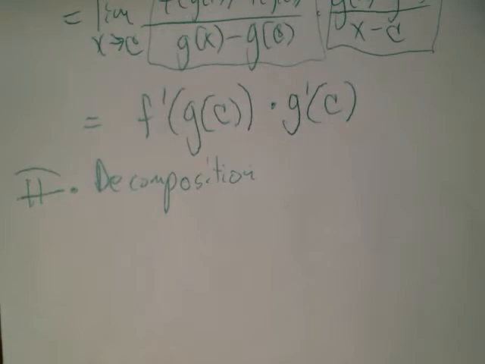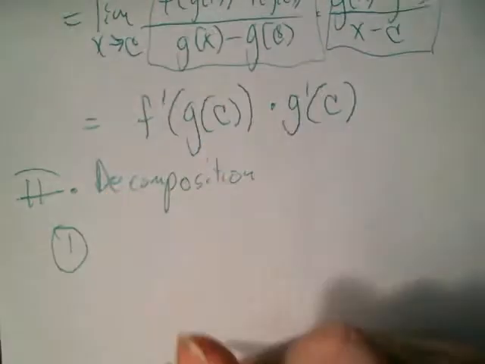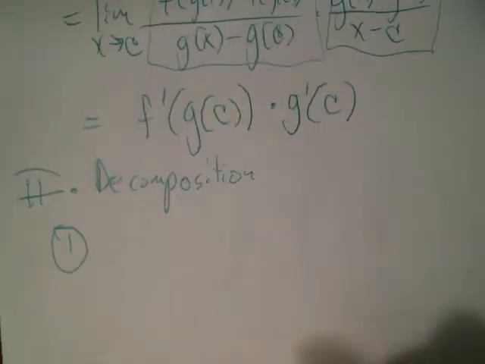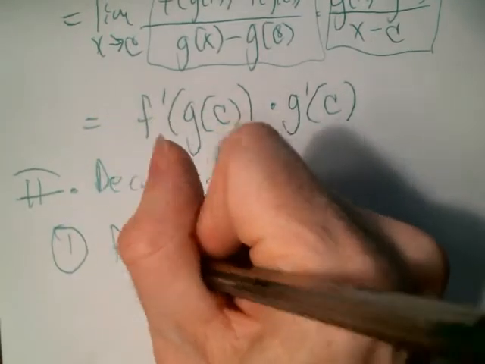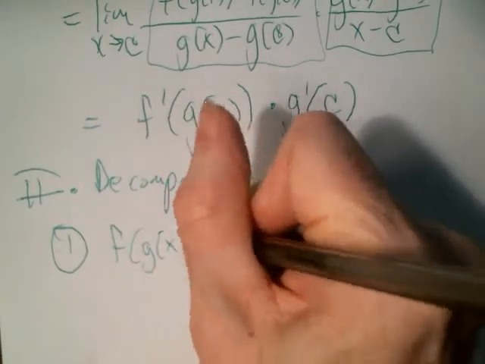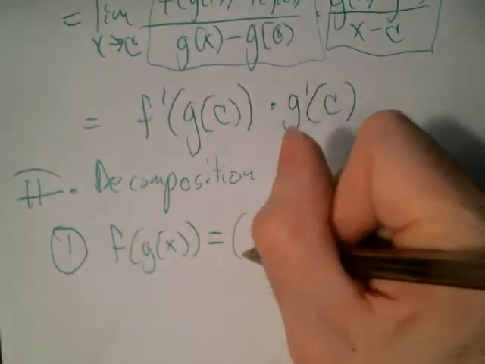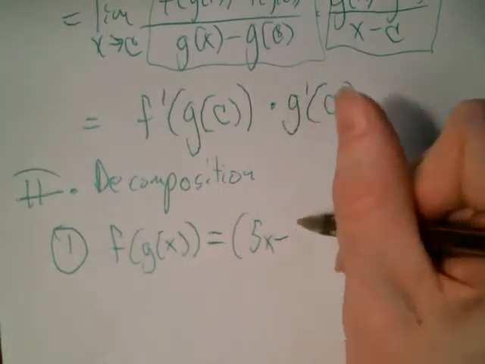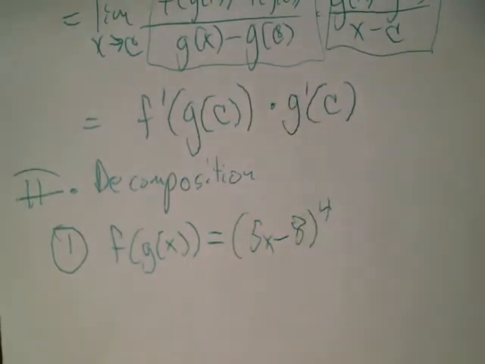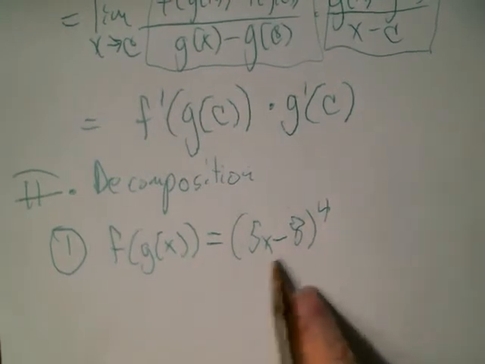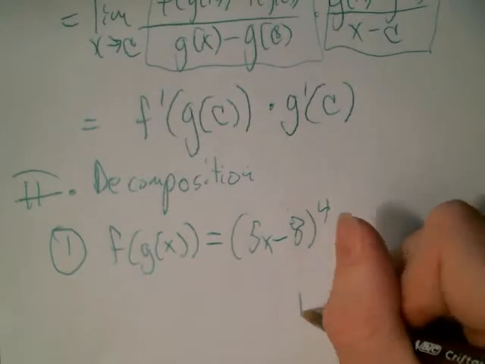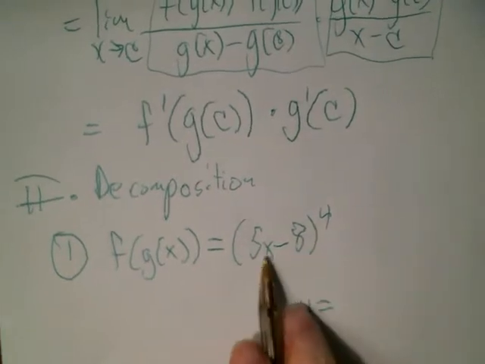And so you are tasked with identifying basically the guts. They'll give you some function, f of g of x. In this case, it's 5x minus 8 to the fourth. It's pretty simple. The inner part here, and I'm just going to call it u, is 5x minus 8.